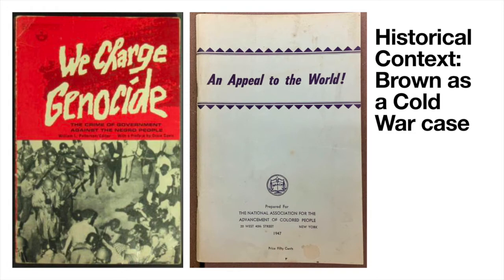So I want to talk a little bit, as Dudziak does, about the role of foreign policy in the international community in ensuring that Brown was decided as it was. Keep in mind that the UN was founded in 1945, 9 years before Brown, right? And the US was a global leader in that process of founding and chartering the United Nations.